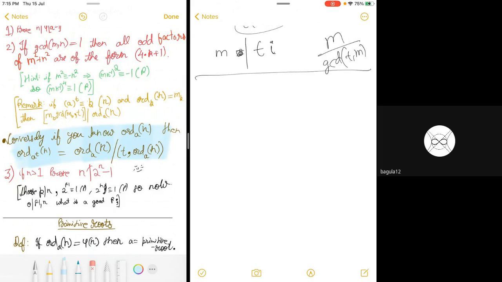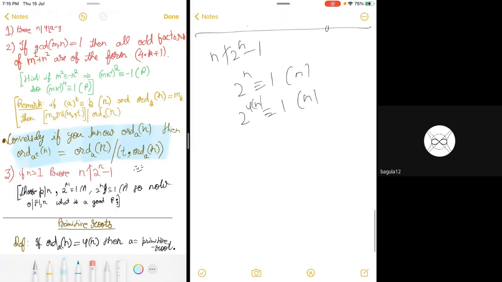So we have to prove that n does not divide 2 to the n minus 1 for all n bigger than 1. Again for this, you can consider 2 to the n congruent to 1 modulo n and 2 to the phi of n congruent to 1 modulo n. So the order must divide both of these. But the thing is that we don't know much about phi of n.